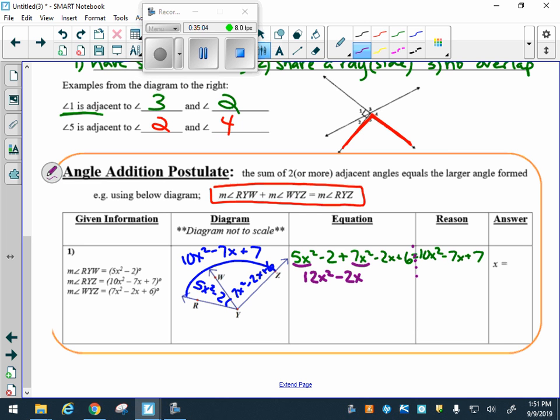And then we have a negative 2 and a positive 6, so that would be plus 4 equals this 10x squared minus 7x plus 7. If we're going to solve for x, what are we going to have to do? Emmy?